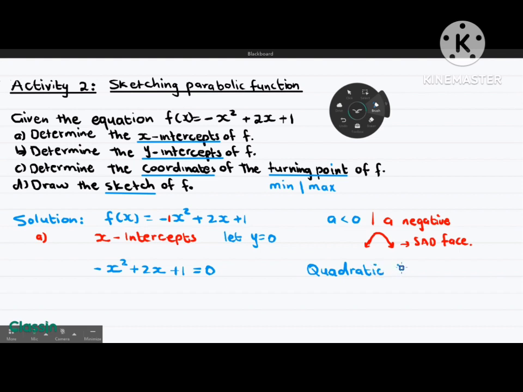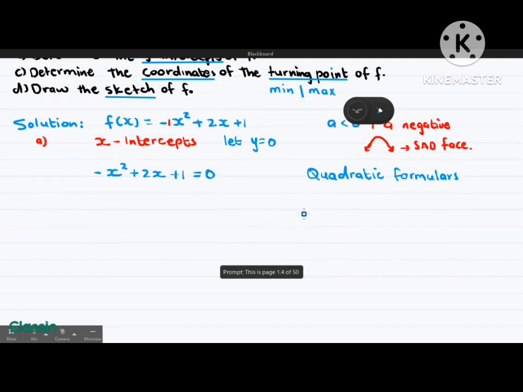So we are going to use a quadratic formula to find the x-intercepts. Now, what is this quadratic formula?